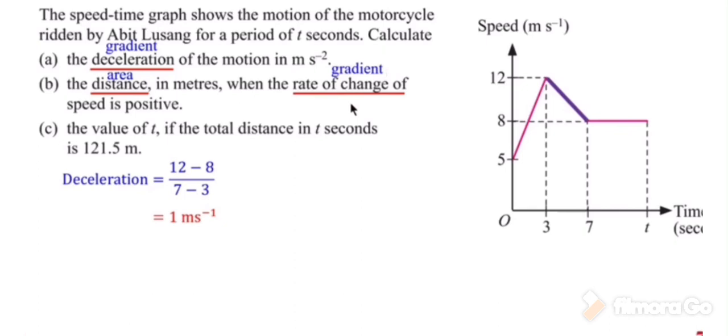And then the keyword is positive. Positive is very important. So please highlight the important keywords.